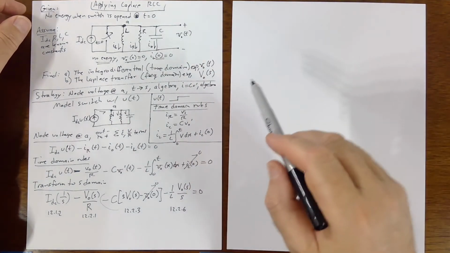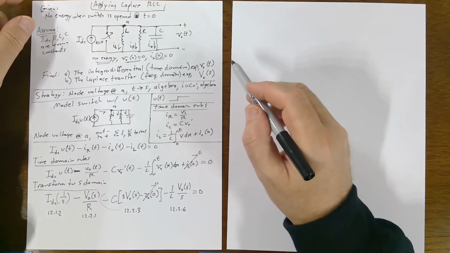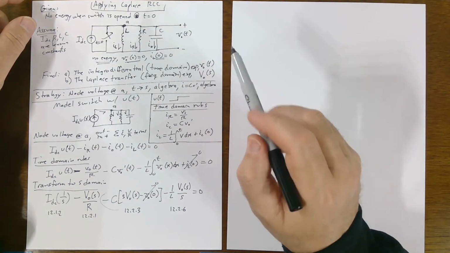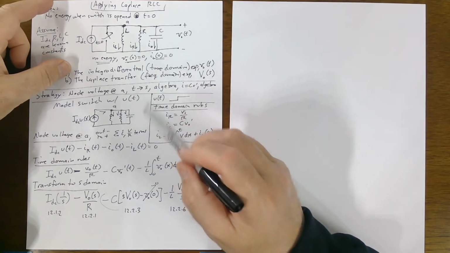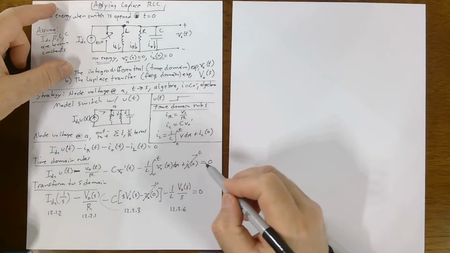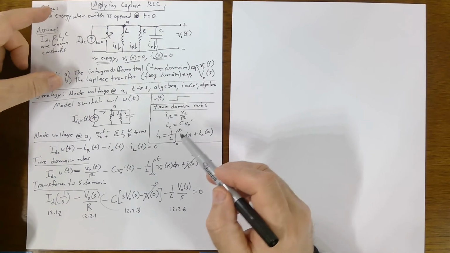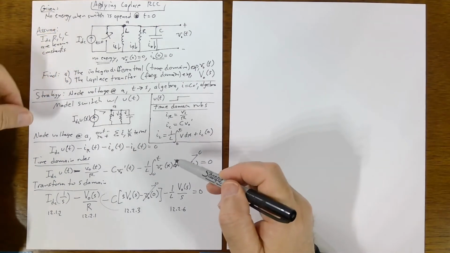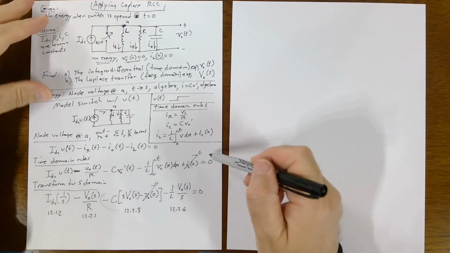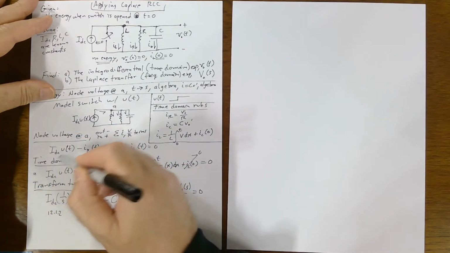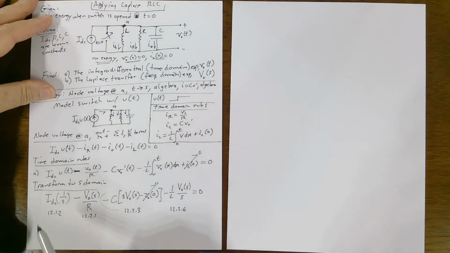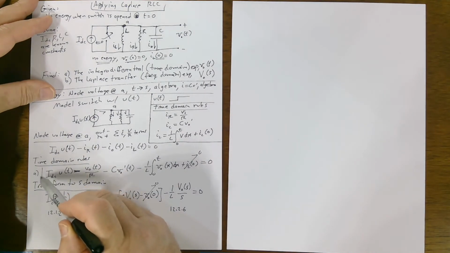And we just need V of t that can be plotted. But that's not what they're asking for. They're asking for the integral differential equation, which was this one, really. This is pretty much the answer to part A right here.